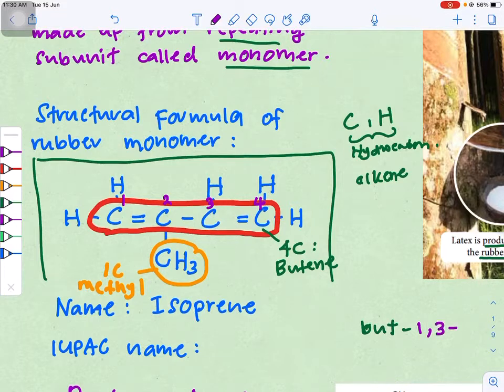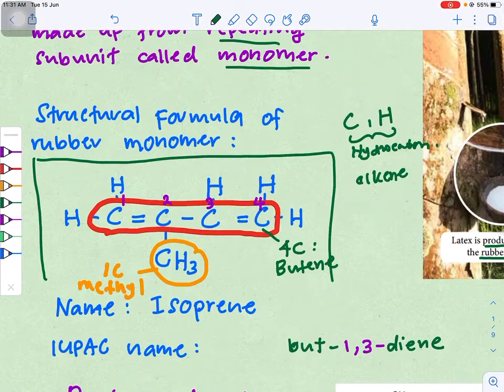We have 2 double bonds, so it is no longer ene, it becomes diene. Before this, we only had 1 position, so we only found but-1-ene. This time, because we have 1 and 3, it will be buta-1,3-diene.